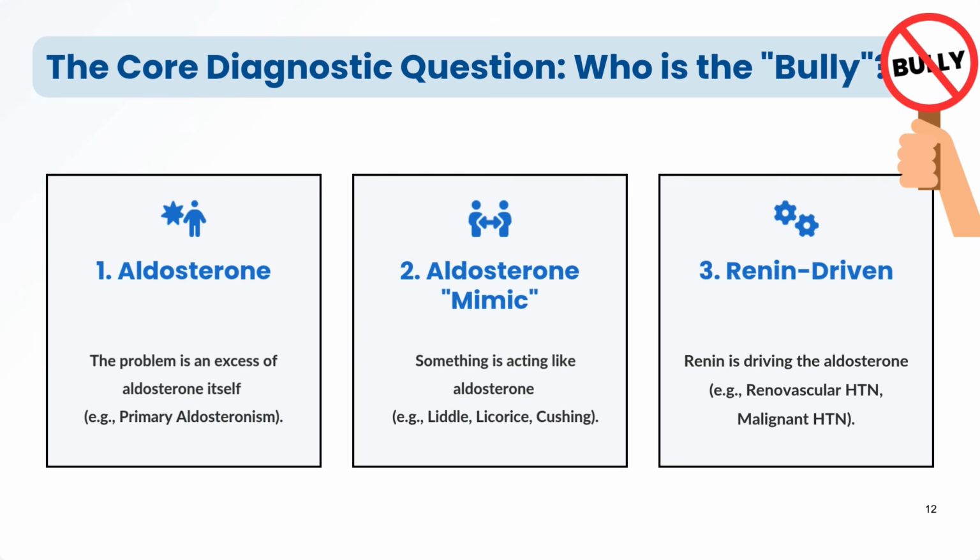The moment you identify which of these three categories your patient falls into, the differential shrinks dramatically. This is why measuring renin and aldosterone after correcting potassium is so powerful. It doesn't just give you numbers, it tells you who's in charge of the entire pathophysiology. This simple framework is one of those practical reasoning tools that we should follow.